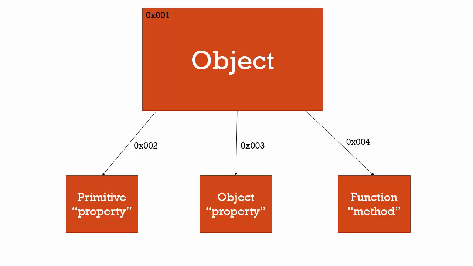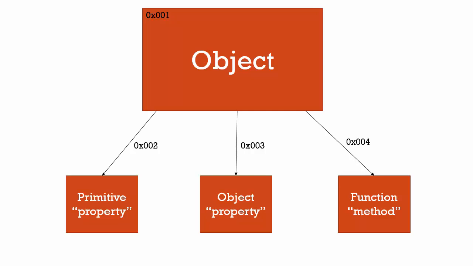Now, they may be related to the address of that base object, or they may not, but either way, the object has references to the addresses, or the spots, where these different properties and methods live, and those addresses might look something like that.